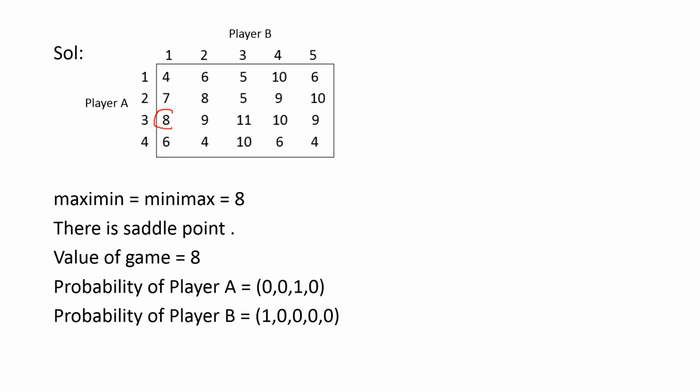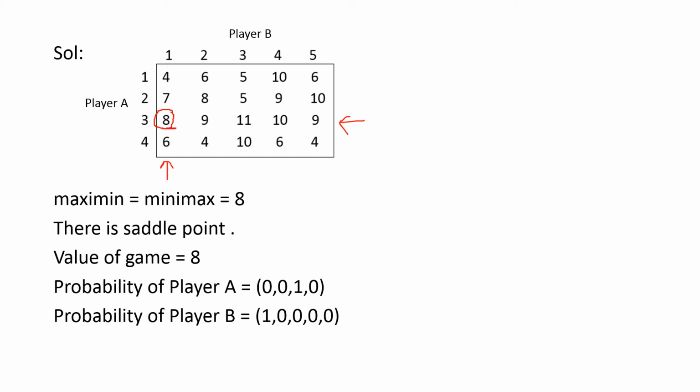We know how to take the saddle point. So here this was the column with the minimax value, and this was the row with the maximin value, and the combination is 8. This is the value.